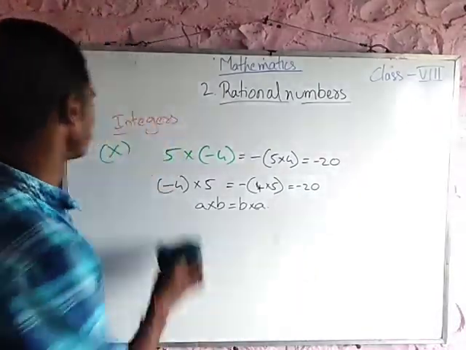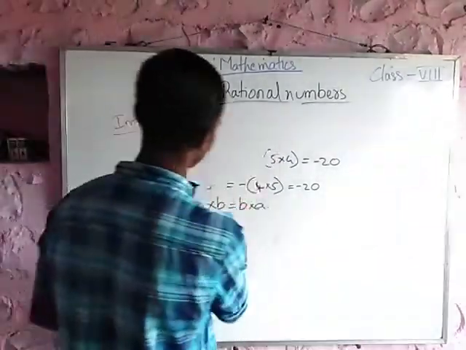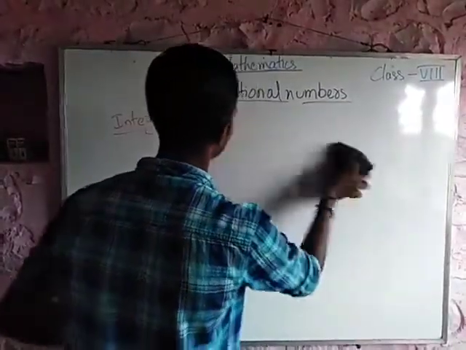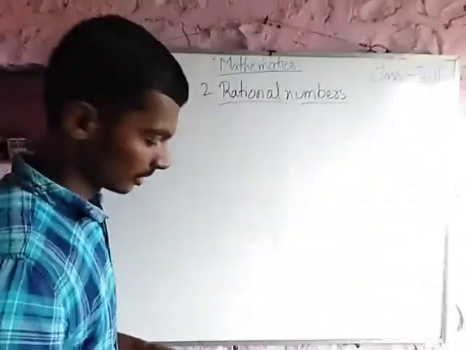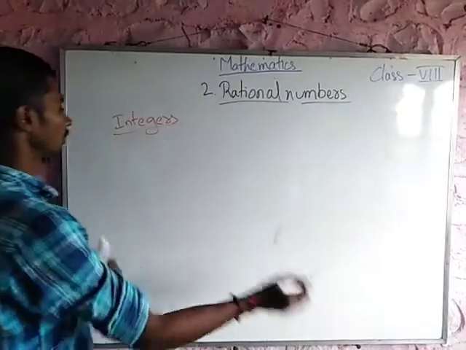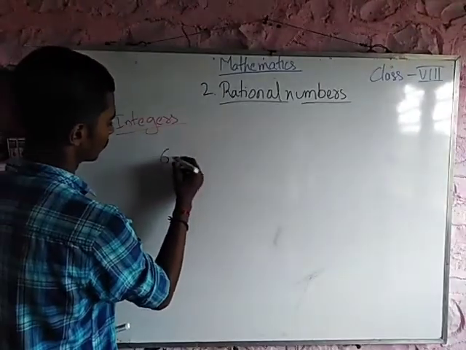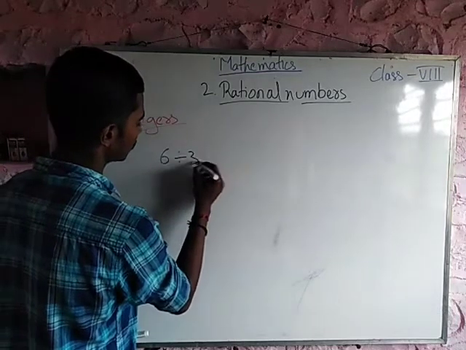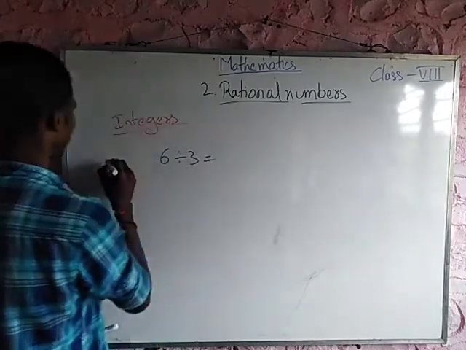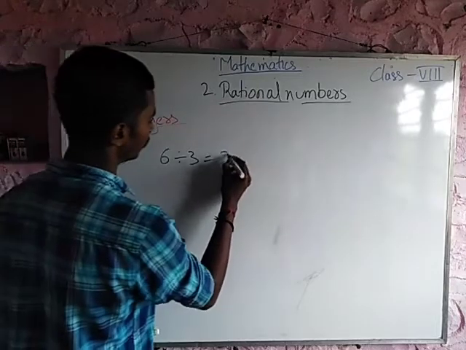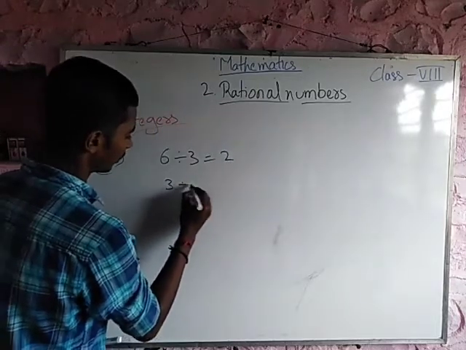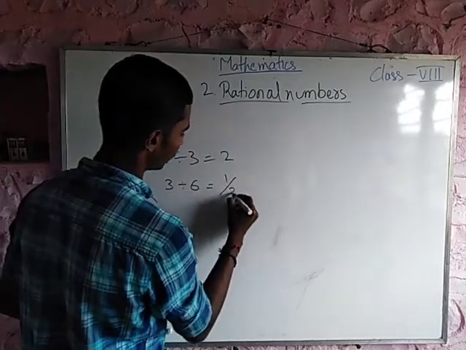Now let us go for division. For division, I'll take the example of simple 6 and 3. 6 divided by 3 will give me 2, and 3 divided by 6 will give me 1 by 2.